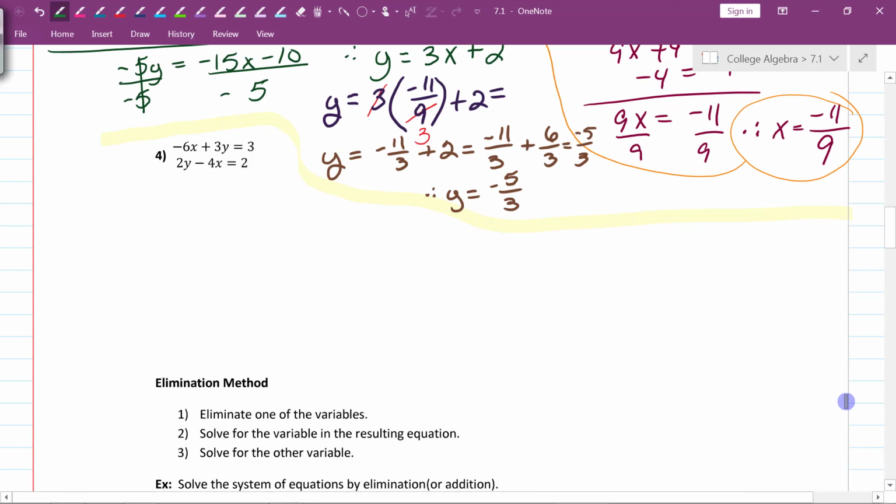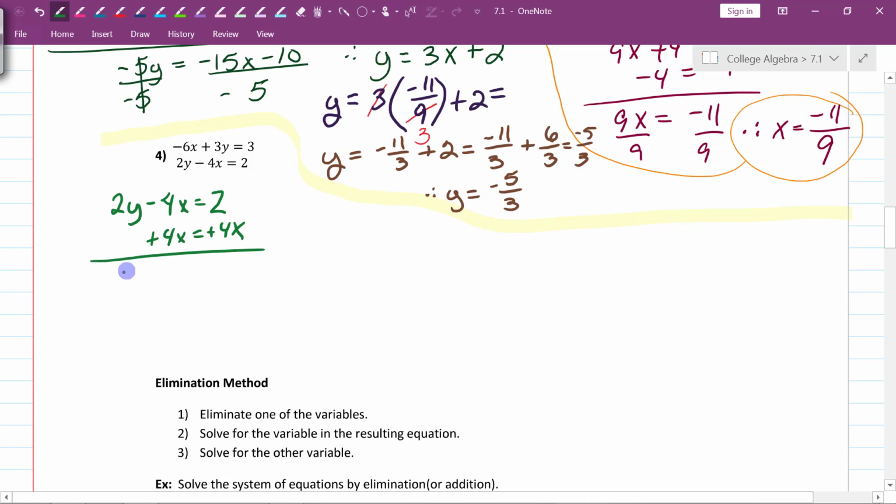Welcome back. So the first thing I would do is take the second equation right here again because I saw multiples and solve for y. So I have 2y minus 4x is equal to 2. I'm solving for y, so I'm going to add 4x to both sides.